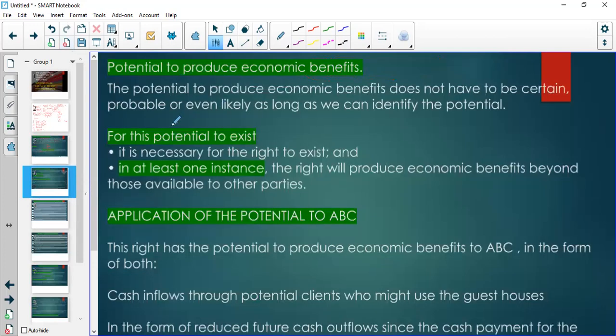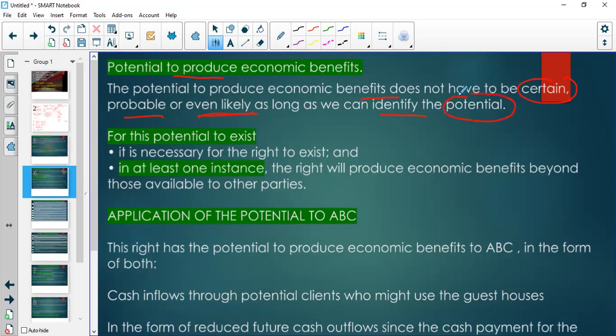Then we have the potential to produce economic benefits. Remember, we said an economic resource is a right that has the potential. So the potential to produce economic benefits for the entity doesn't have to be certain, or probable, or even likely, as long as there is a potential.